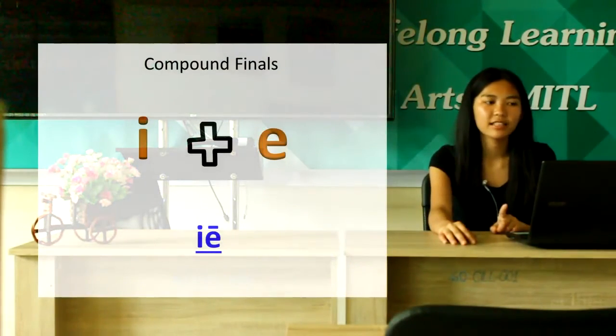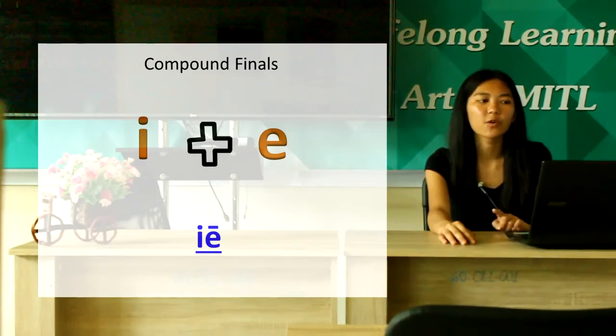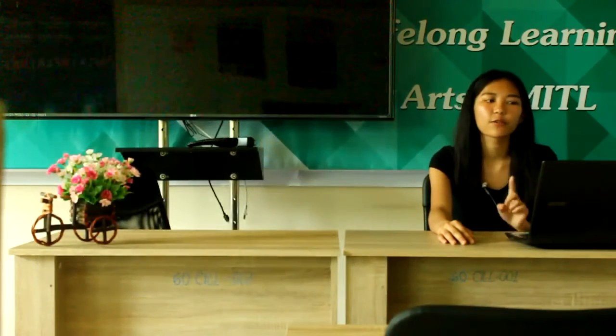The next syllable is yi and e. Because e coexists with another syllable, here it will be pronounced like the e in the English word bed. So first we say yi and then join it with e. Ye.